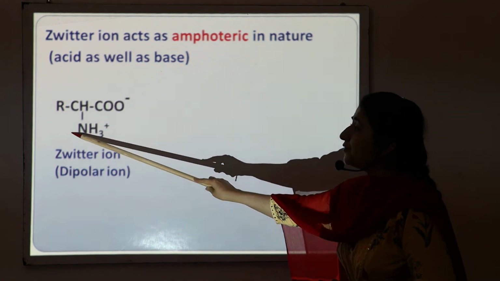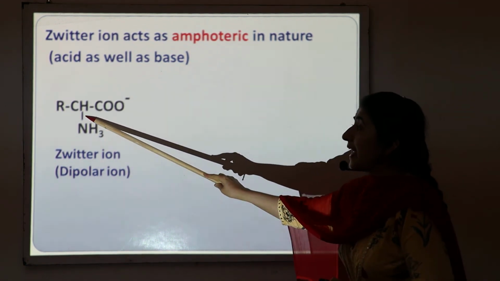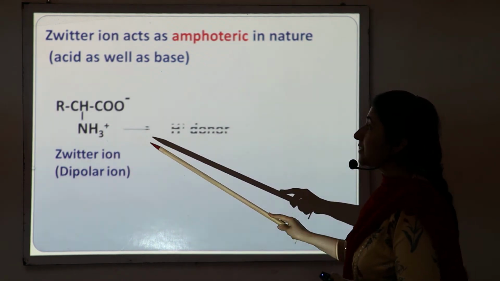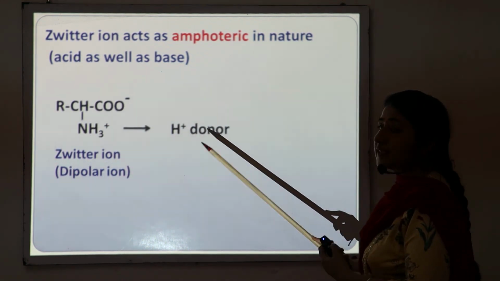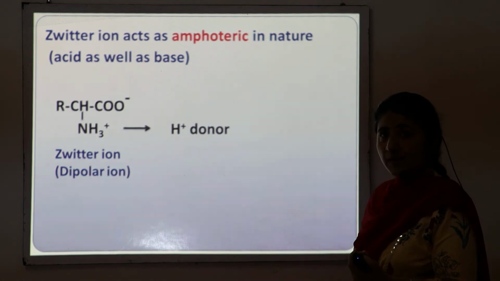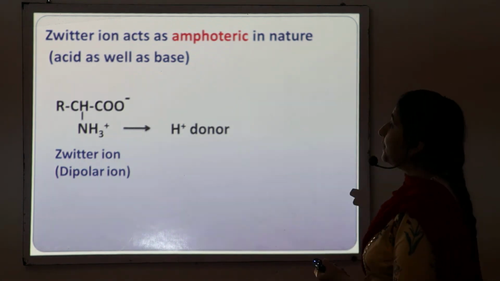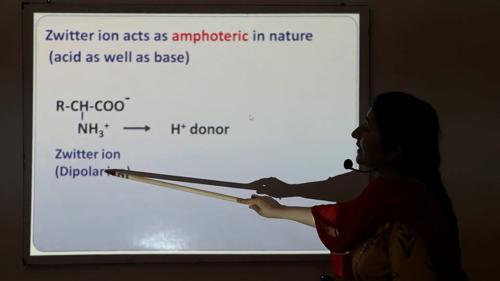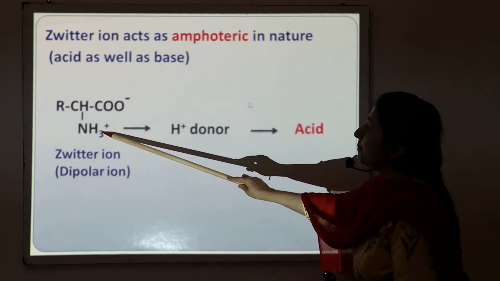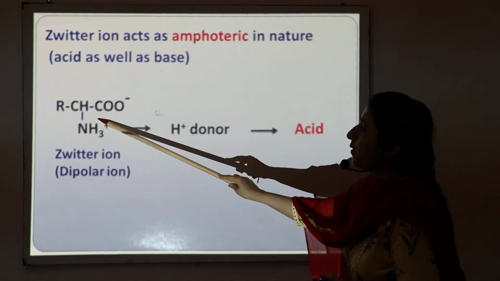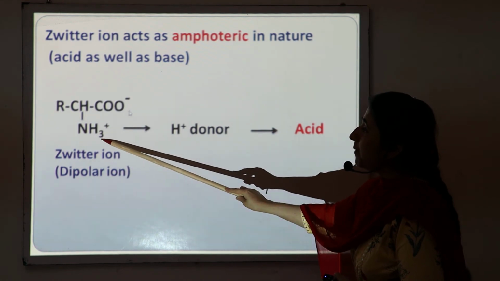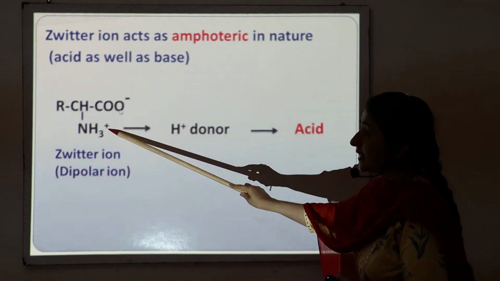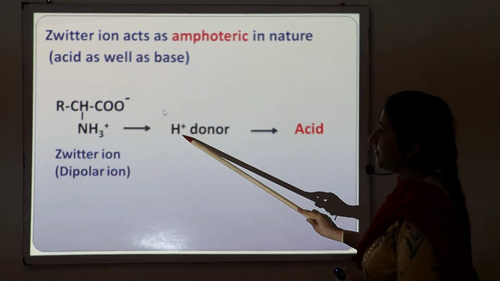It means NH3 positive acts as an H positive donor. The substance which donates H positive acts as an acid. It means Zwitter ion acts as an acid due to the presence of NH3 positive, because NH3 positive has a tendency to donate the H positive.